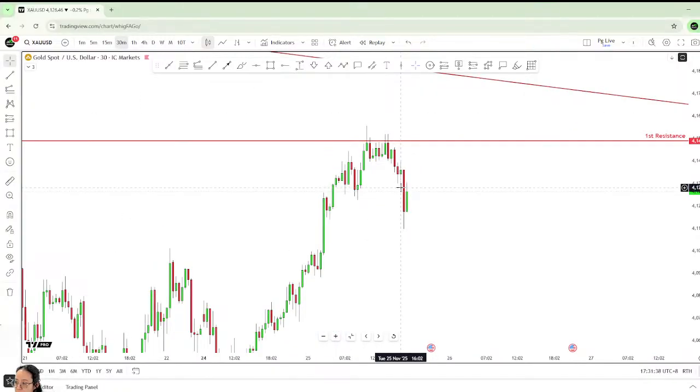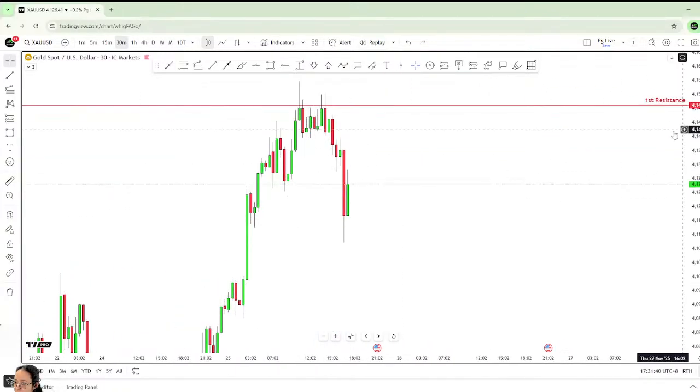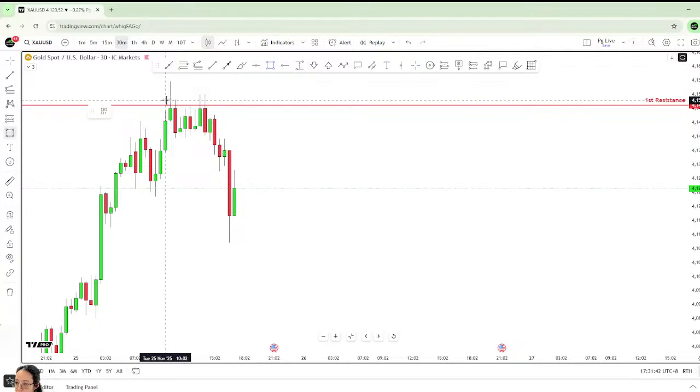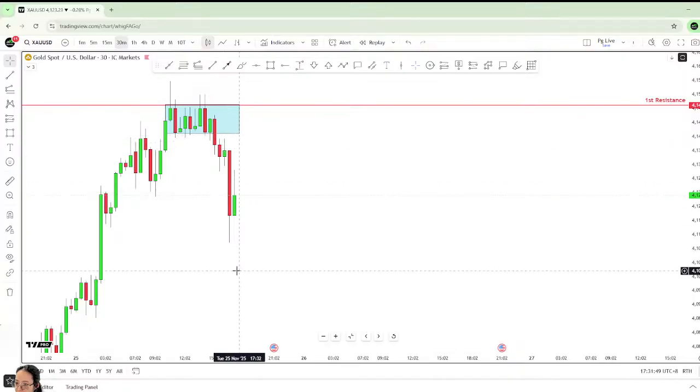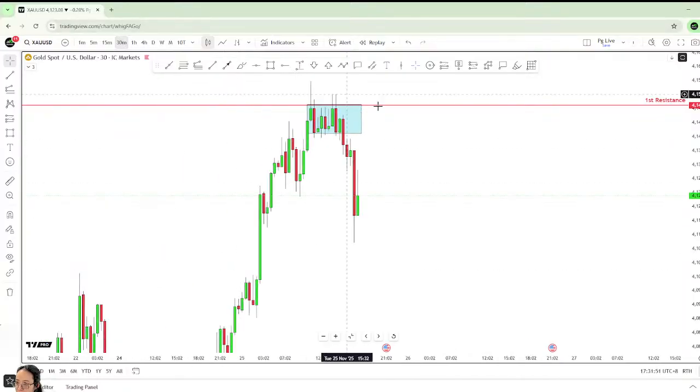I go to the lower time frame and I always see that price was ranging sideways before they broke below, pulled back a little bit and then sold off. It was sideways right here in the lower time frame.